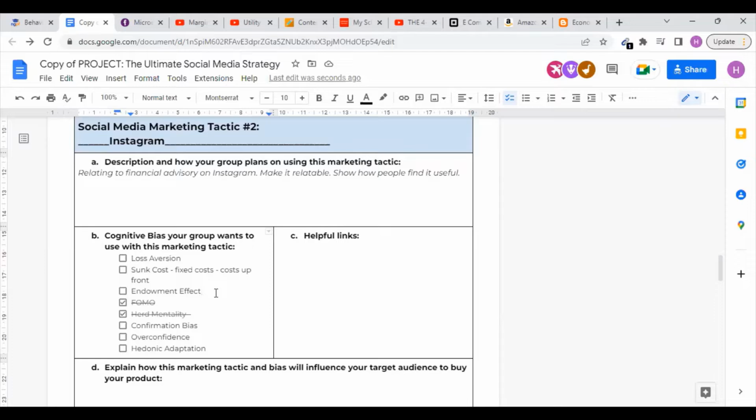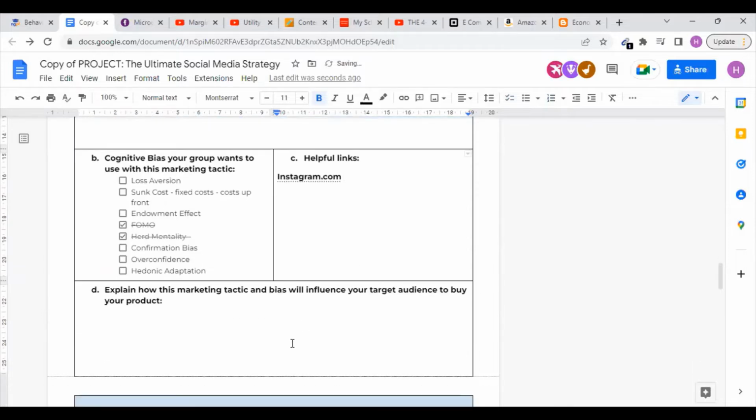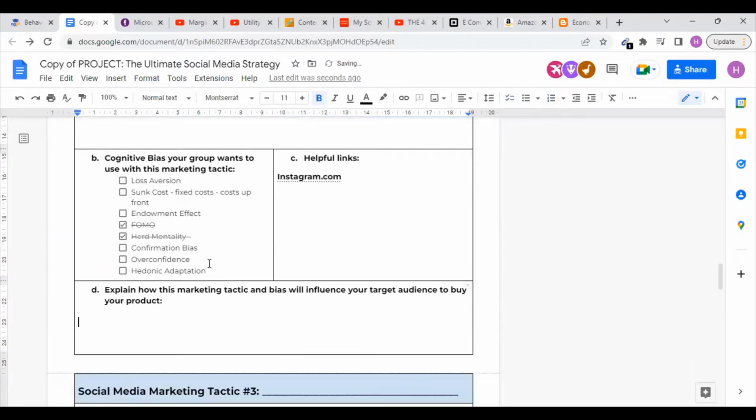Would that meet any of these other factors? If anyone thinks of any of these, if Instagram will meet any of these tactics, let me know. But I think D, explain how this marketing tactic and bias will influence your target markets by your product. How will Instagram influence your target market to buy the product?